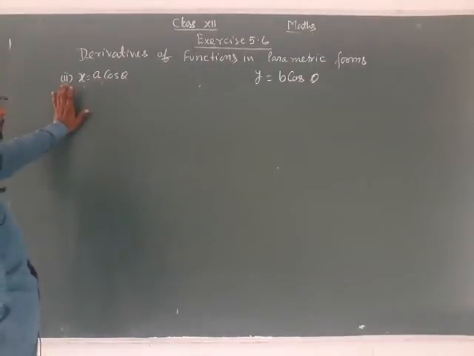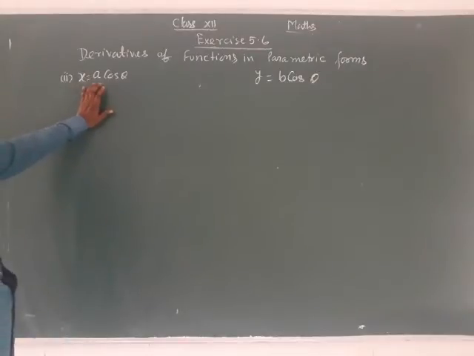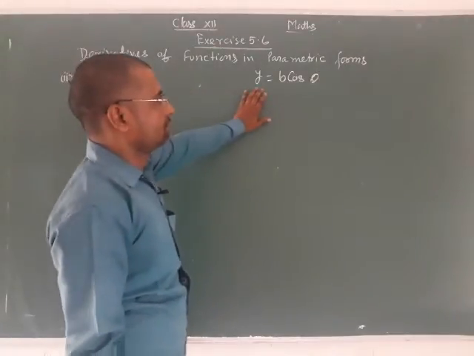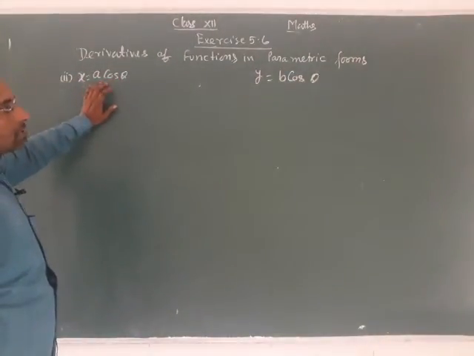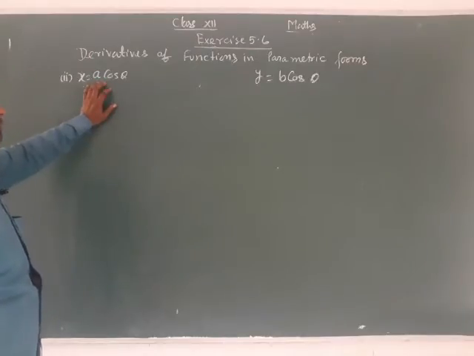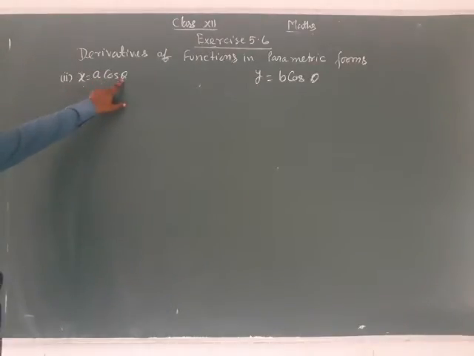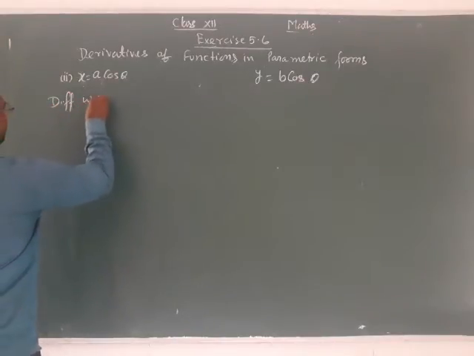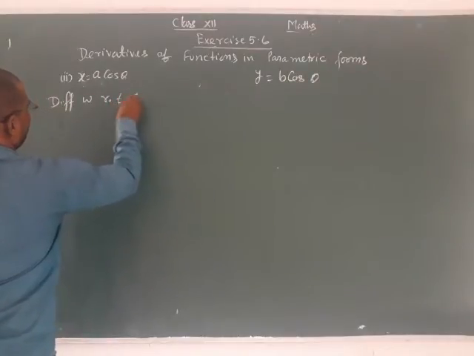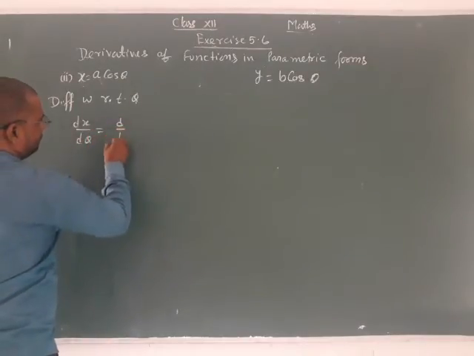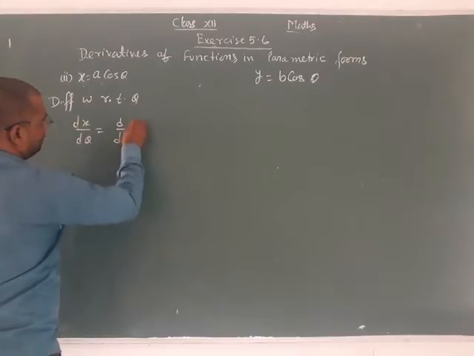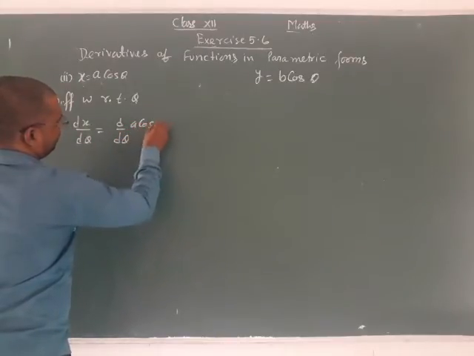Question number second, part: x is equal to a cos theta and y is equal to b cos theta. There are two functions in parametric form. Now differentiate with respect to theta. dx upon d theta is equal to d upon d theta of a cos theta.